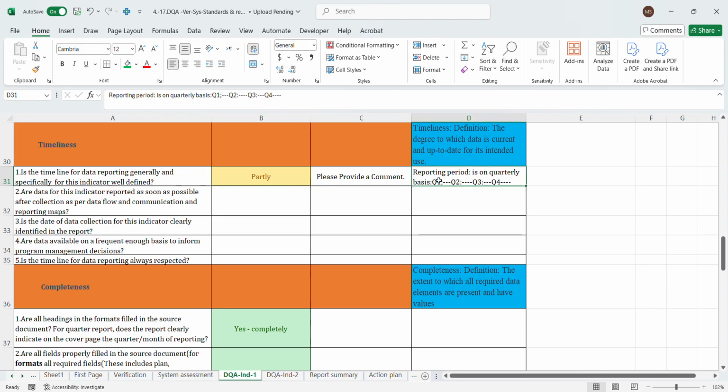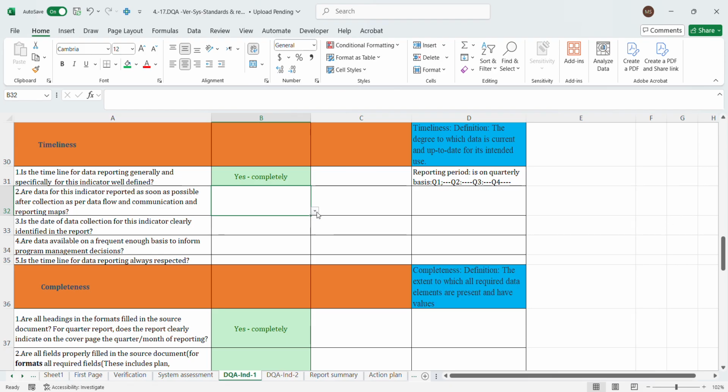Let's assume we have such a standard, we have the reporting procedures regarding timeliness. Let's assume yes completely. The next one: is data for this indicator reported as soon as possible after collection or per data flow and communication in the reporting map?